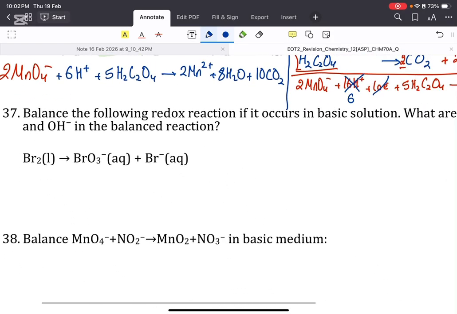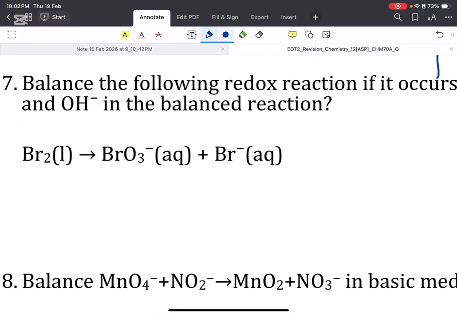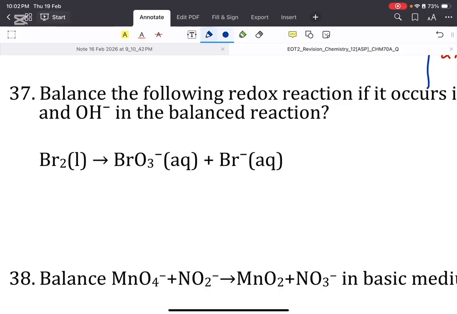Next, another example, but this time in basic solution. So let's begin. I have a feeling that in the exam it's gonna be the balancing in basic solution, because this time they're stressing a lot on balancing in basic. So let me just break this into two equations.